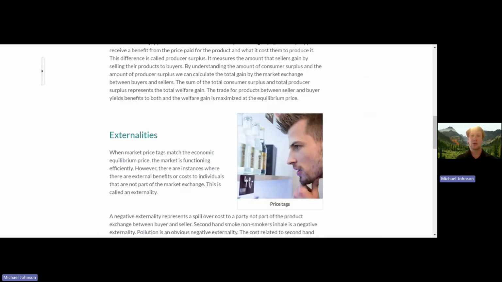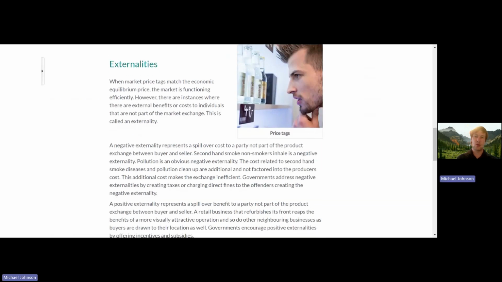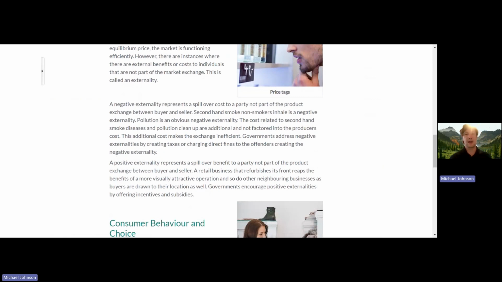Externalities. A negative externality is usually related to, for example, pollution. If something's produced and it causes negative societal costs, then it's a negative externality. Pollution would be an example of that, or anything that would cause damage to society.